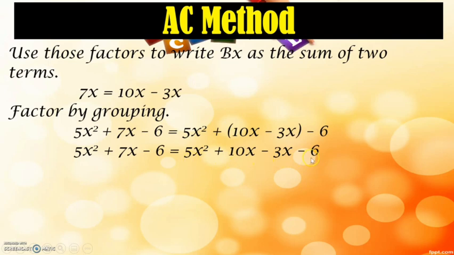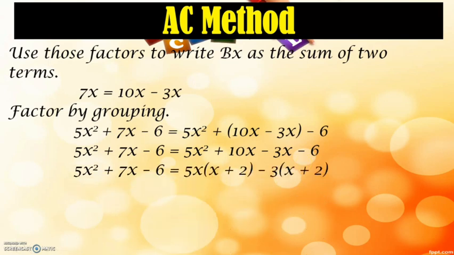From here, we are going to group terms with common factor. In this case, I will be grouping 5x squared plus 10x, and I'll be grouping minus 3x minus 6. If I group 5x squared plus 10x, I have the common factor as 5x.